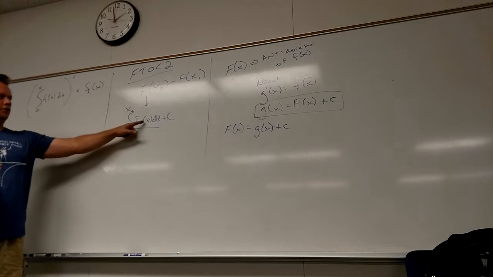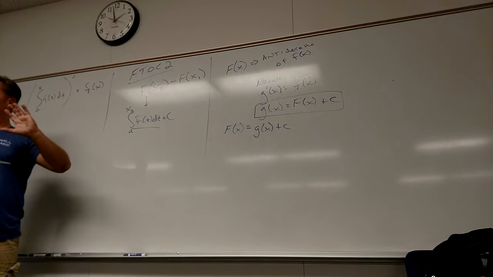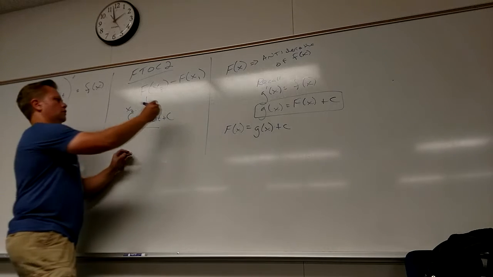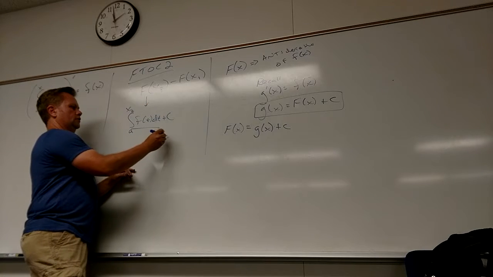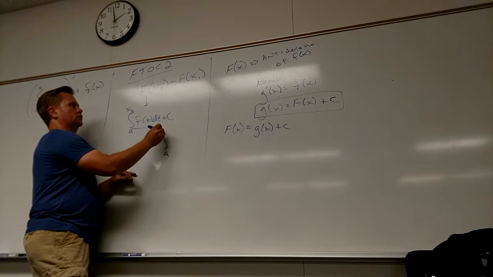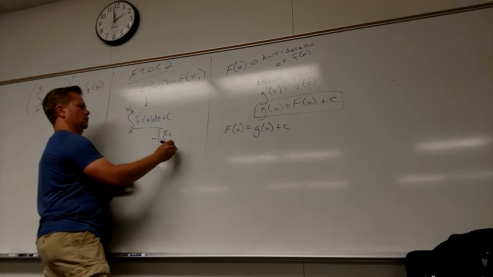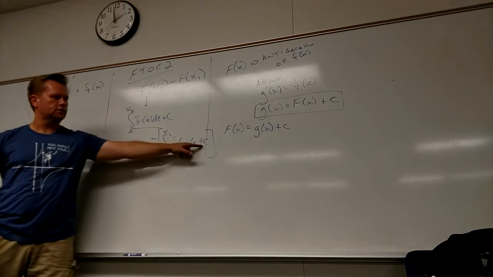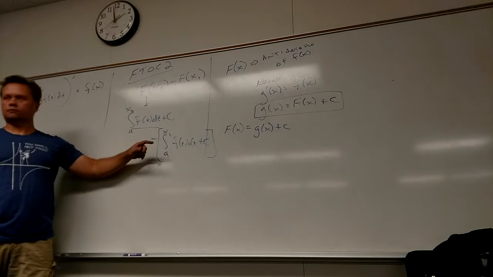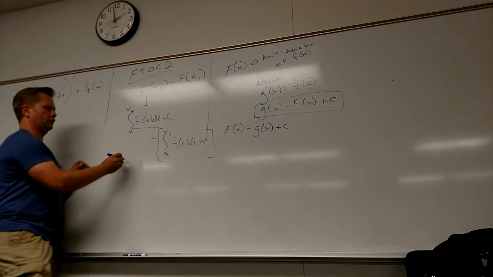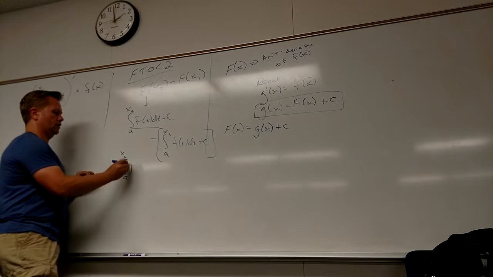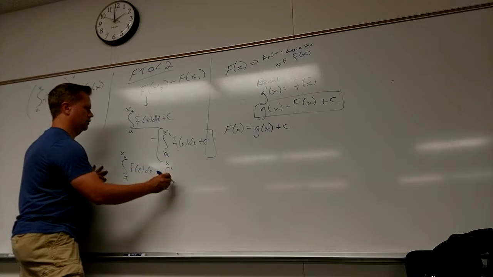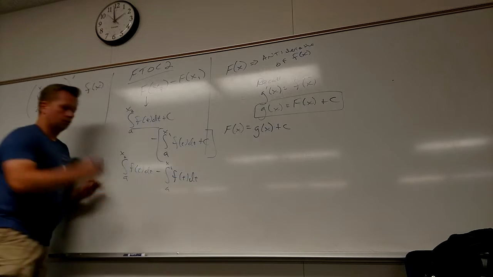It would mean the area under the F from a to x2, minus the area under from a to x1, F of t dt, plus a constant. So what happens to the constants? They cancel each other out. And you're left with the integral from a to x2 of f of t dt, minus the integral from a to x1 of f of t dt.